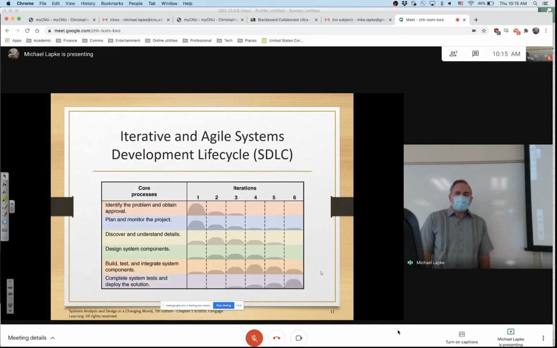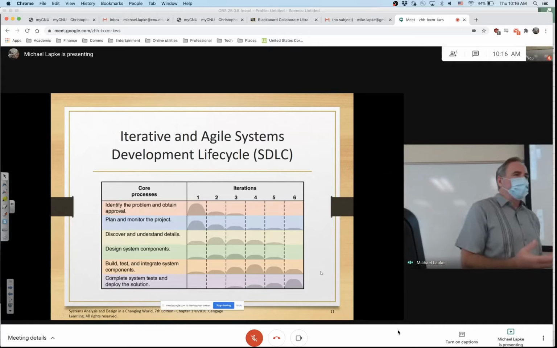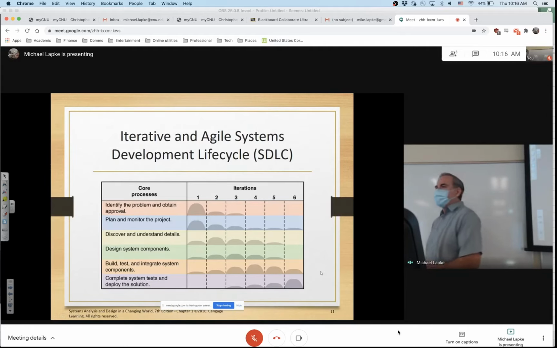So these steps that I've identified before, if you recall, there were discrete steps in planning, analysis, design, implementation, so on and so forth. When you think about an agile solution, you're going to focus on certain steps as you go through each iteration more than others. So the very first iteration through, my main focus is on kind of the logistics of everything. Do I have the personnel? Do I have the technology? Do I have the funding?